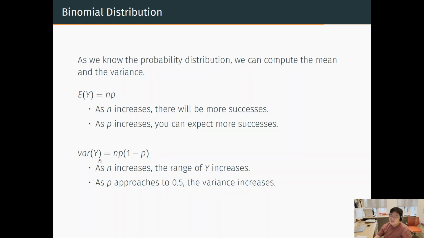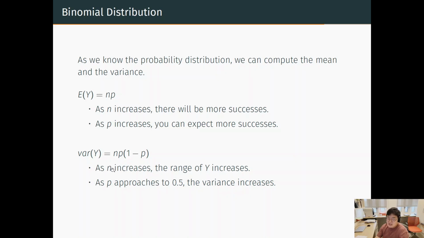But the variance is n times success probability times failure probability. The latter part is the same as the binary distribution, and the same intuition holds, right? If p is close to 50%, it's unpredictable. But if p is close to 0 or 1, the predictability increases, so variance will be close to 0.